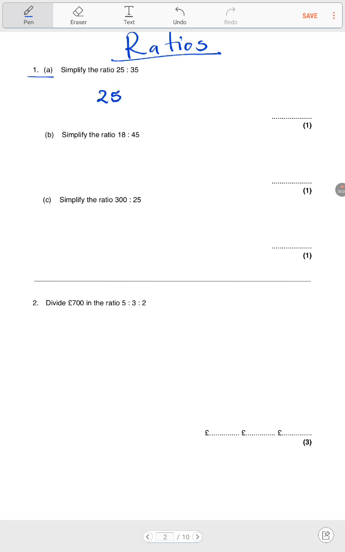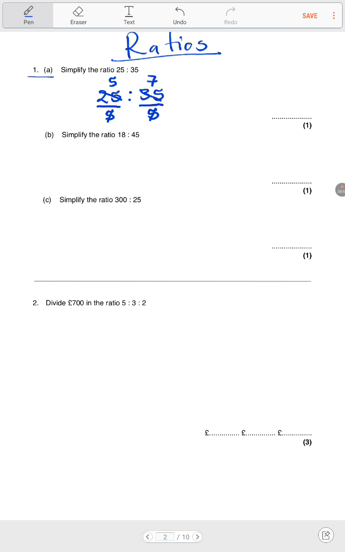If one is going to get 25 things, and the other one is going to get 35, what is the ratio in its simplest form? Here you see 25 can be divided by 5, and 35 can also be divided by 5, and here you're going to get 5, and here you're going to get 7.